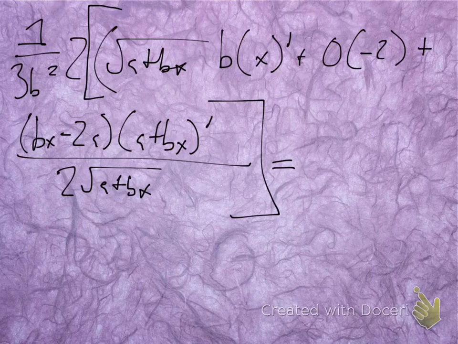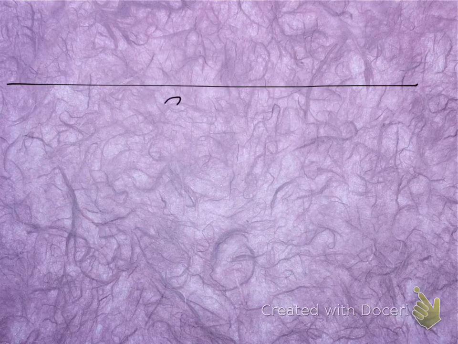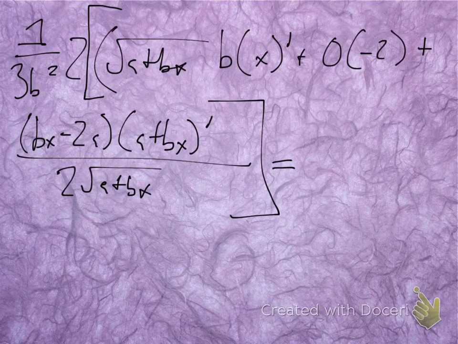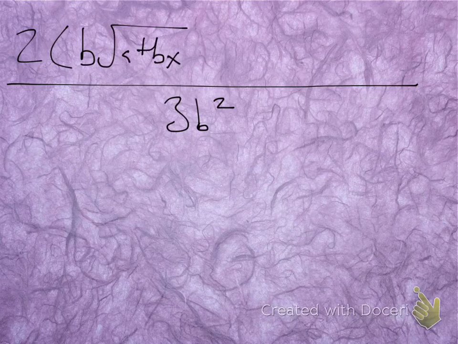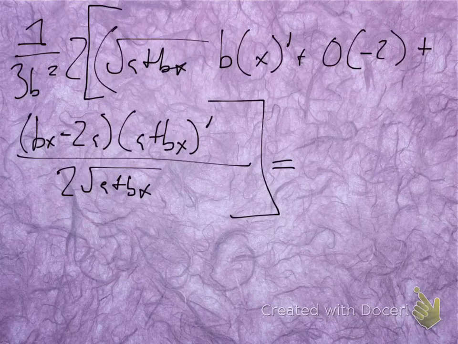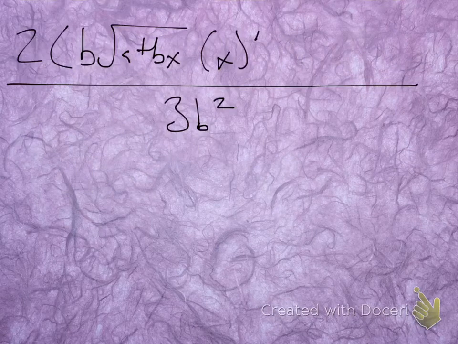So all of this is going to simplify out to 2 times, let's make one giant rational with 3b squared on the bottom, because we can do that now, and then just have 2 times b, a plus bx, and that should be a times x prime, I believe. Yep, okay, plus, and now we're going to have another rational.